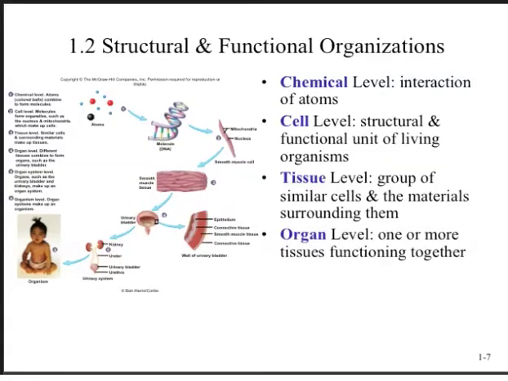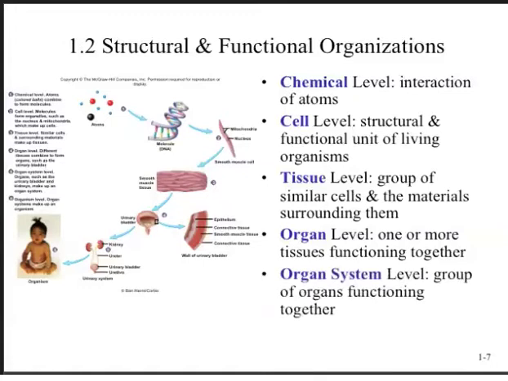The organ level is where one or more tissues function together to serve a particular physiological purpose for the organism, and of course the organ systems act together to perform a wide variety of tasks that keep the organism alive, and the organism is the highest level of organization in this particular hierarchy, and this is the actual living thing itself.